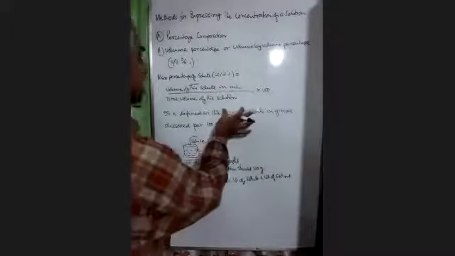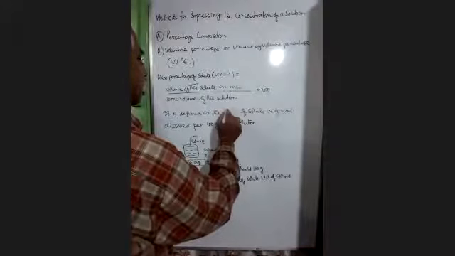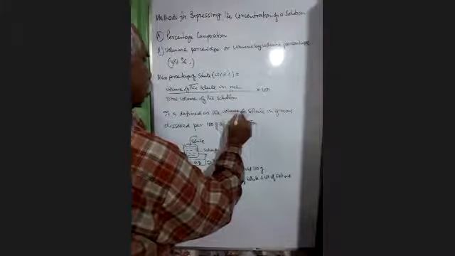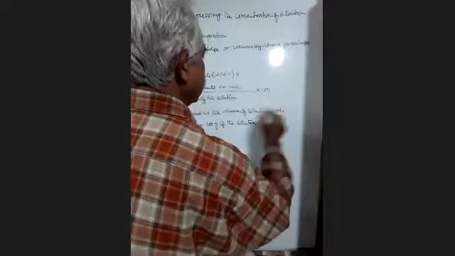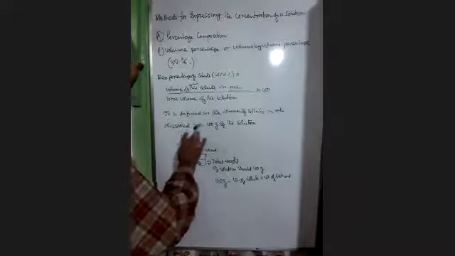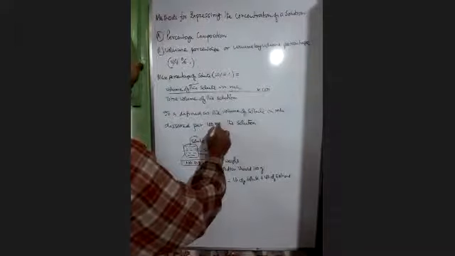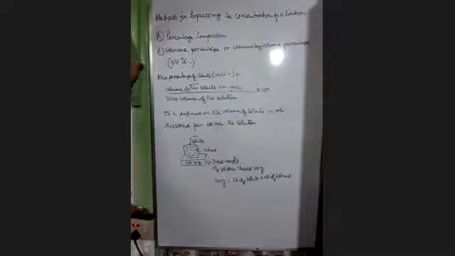So it is defined as the volume of solute in ml dissolved per 100 ml of the solution. Okay. So now I will not draw it like this.